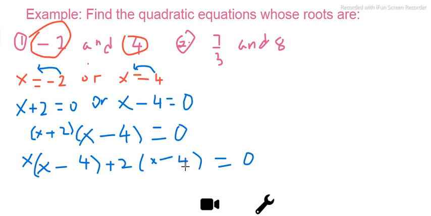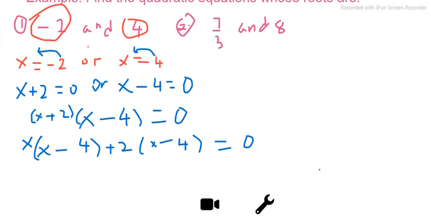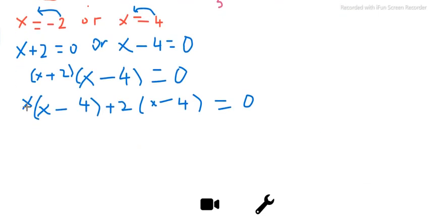So when you open this bracket, this is how to open two brackets. That's what I've demonstrated here. We have two brackets, so if you want to open them, you split it like this. So x times x will give us x squared. x times -4, you have -4x.